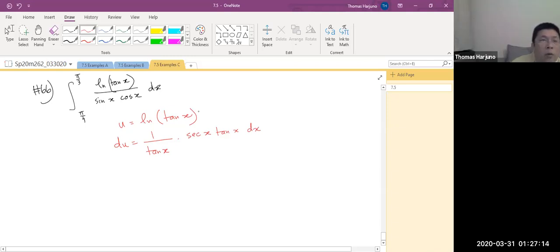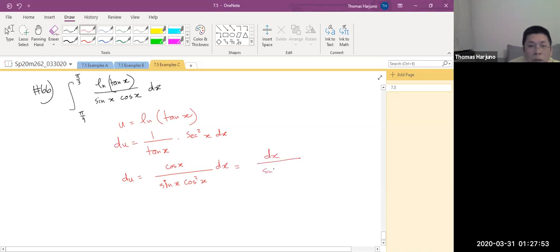Yeah. Secant squared x dx. Let's see if we can simplify. Who knows, we may simplify something nice. So secant squared, that's cosine squared at the bottom. Tangent means that's sine over cosine. Which becomes dx over sine x cosine x.